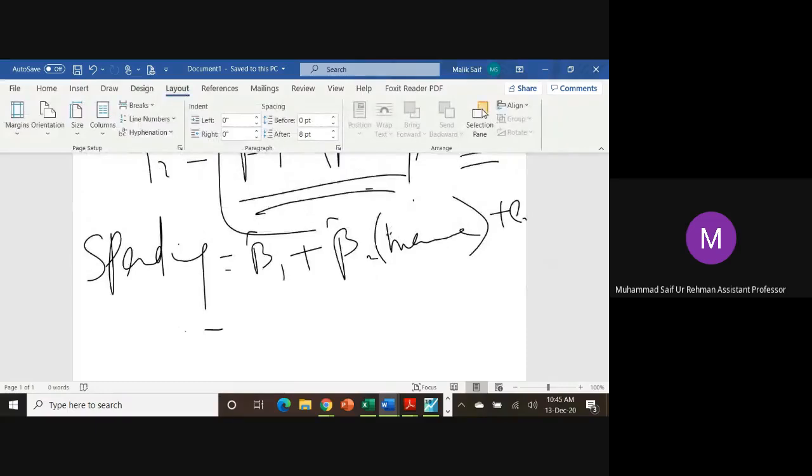As you know, as income increases, the spending increases. So this is the expenditure on food, or you can write it as expenditure on food instead of spending. As income increases, the expenditure on food also increases.